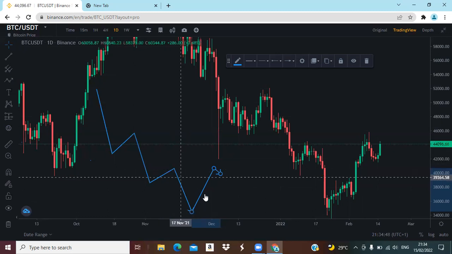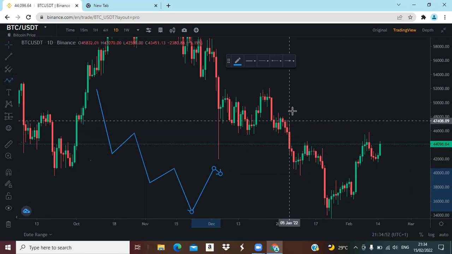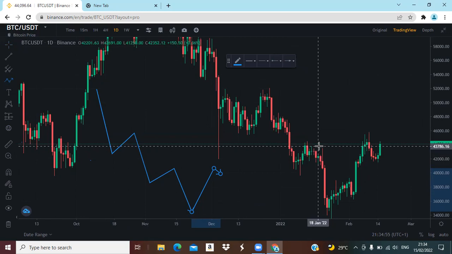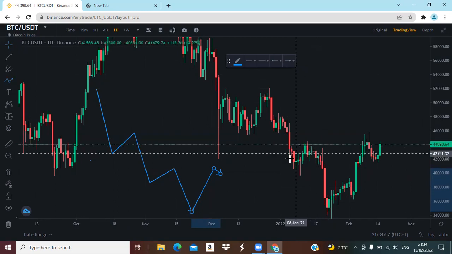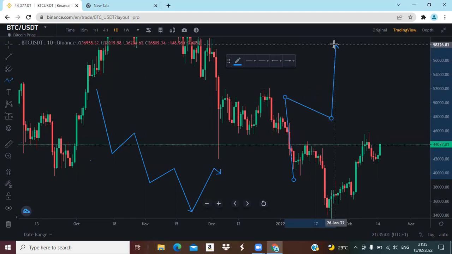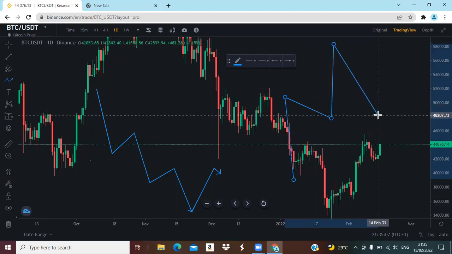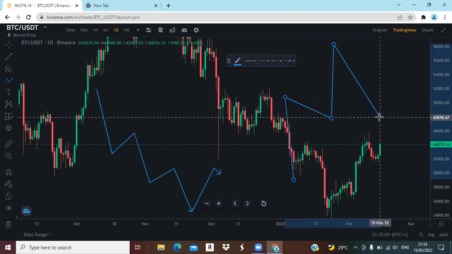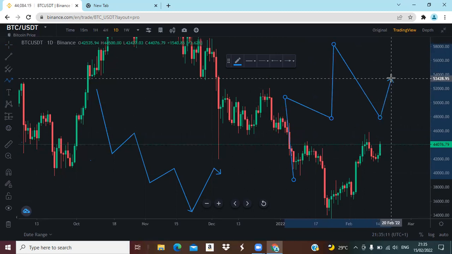The same thing happens to demand. If the market was going up, from here goes up, from here goes up again, and then the market comes back down into this level of demand, we expect the market to go up.